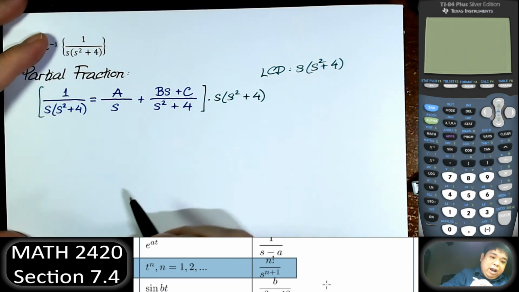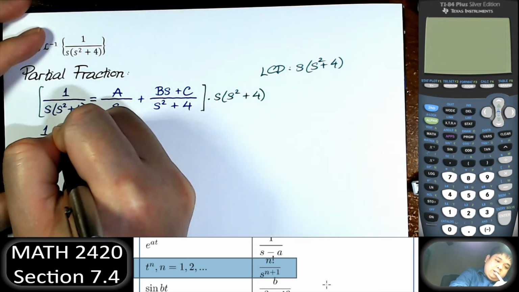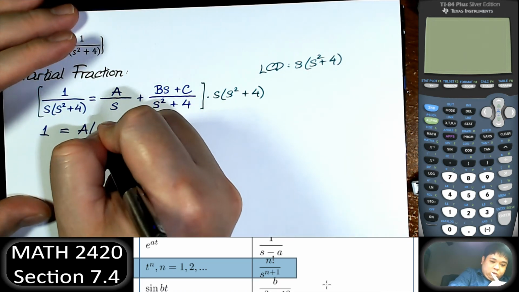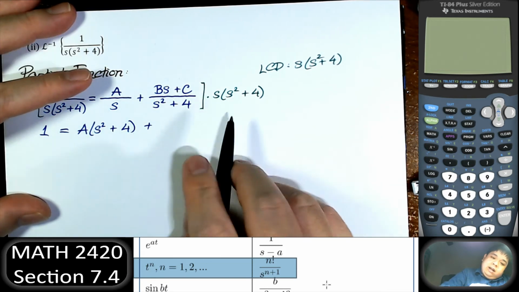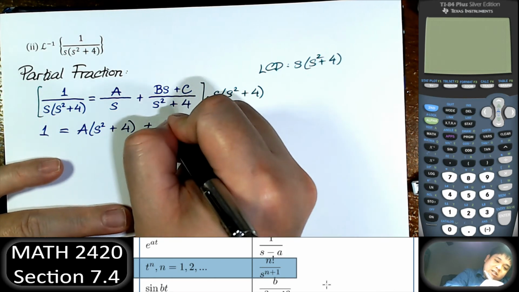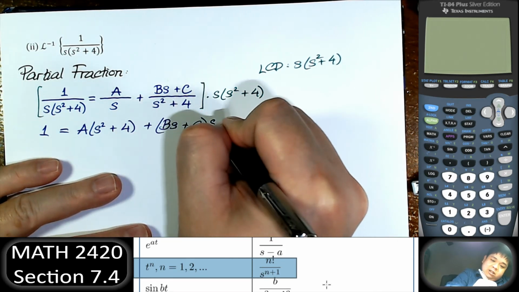Right, so we multiply that out. This cancels out, we have 1. And then a, s and s cancel out, we have s squared plus 4. And then s squared plus 4 and s squared plus 4 cancel out, we have bs plus c times s. Right.